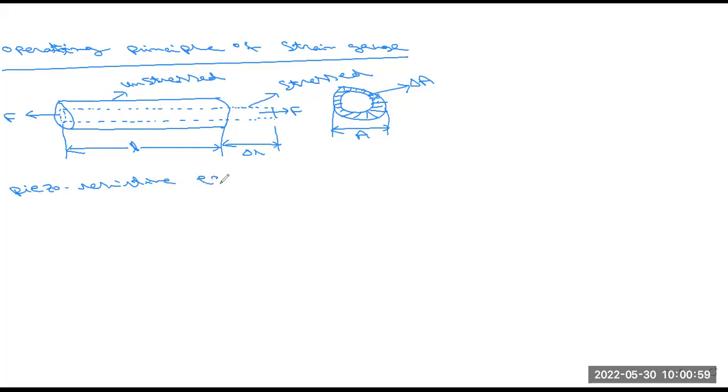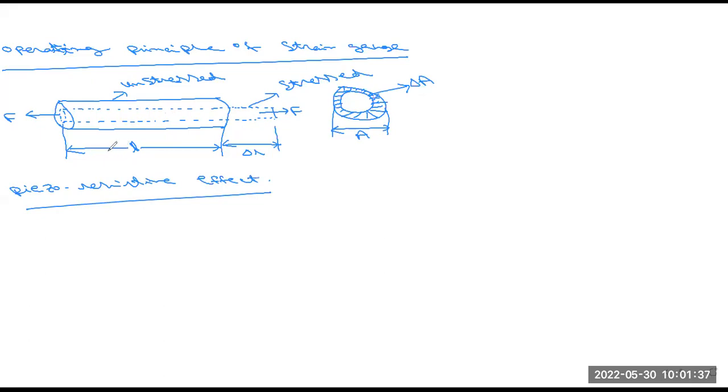Okay, I repeat once again. The strain gauge is based on the fact that when stress is applied to the metal conductor, its resistance changes, and the length and cross sectional area also change under stress. So this change of resistance of the conductor under stress due to the change of resistivity is called the piezoresistive effect.